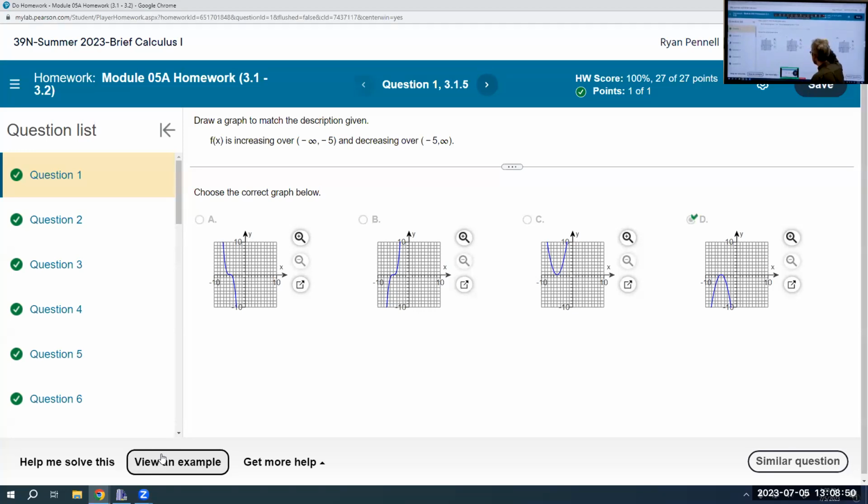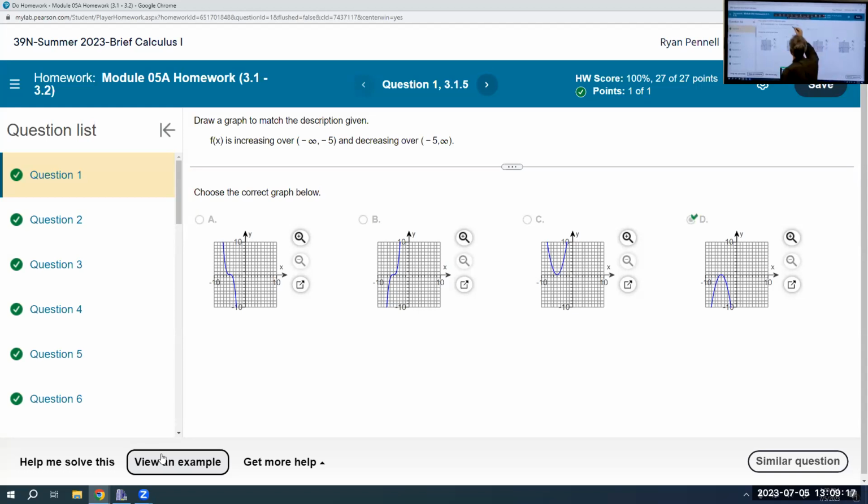It should be very simple, especially if you're picking the graph from there. F of x is increasing. That means slope is positive. From left to right, it's going up. And from -5 to infinity, it's decreasing.